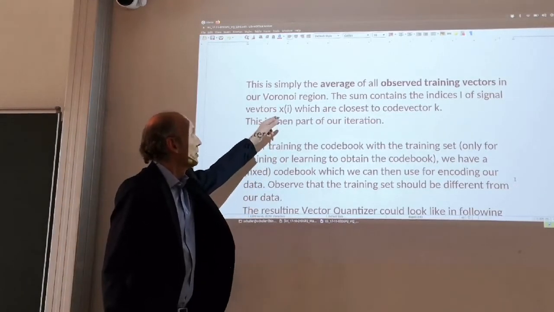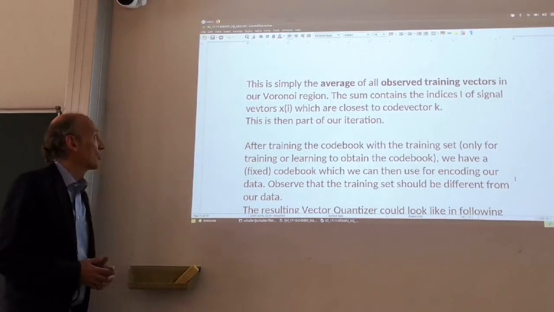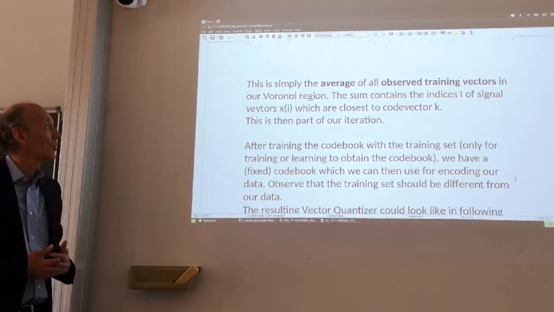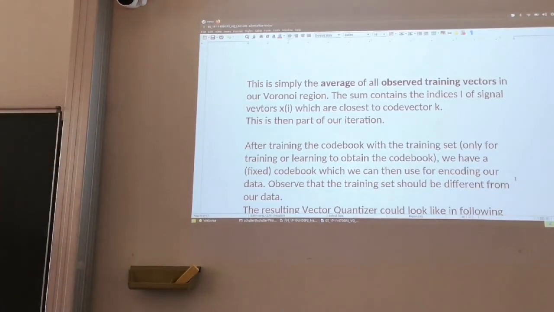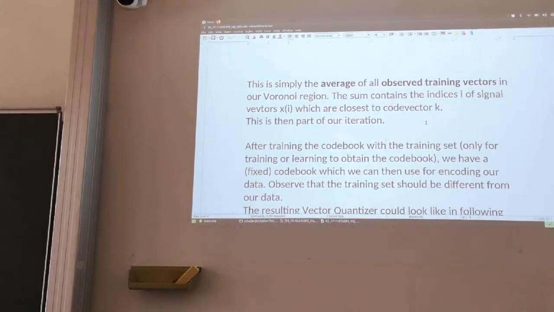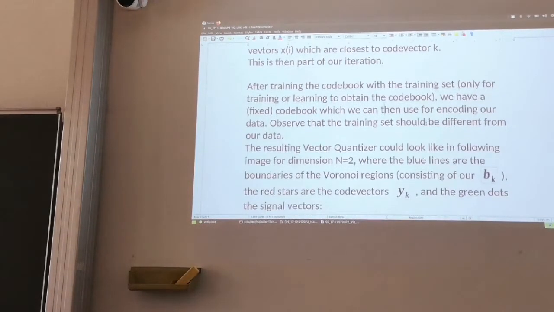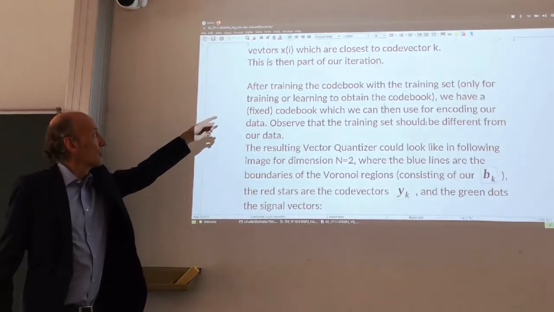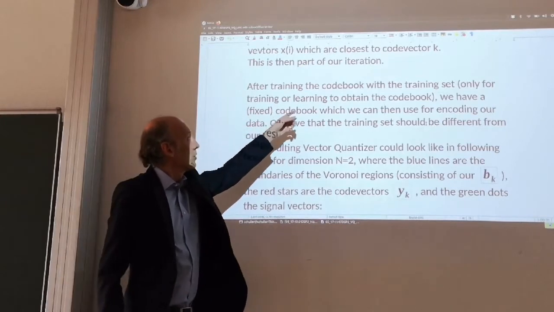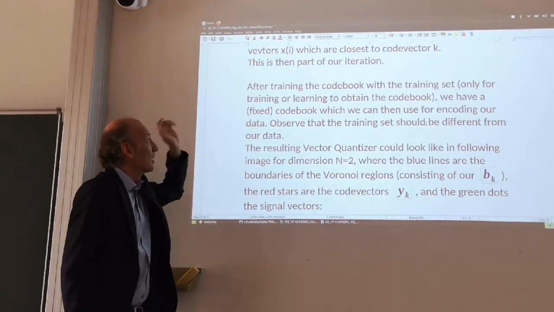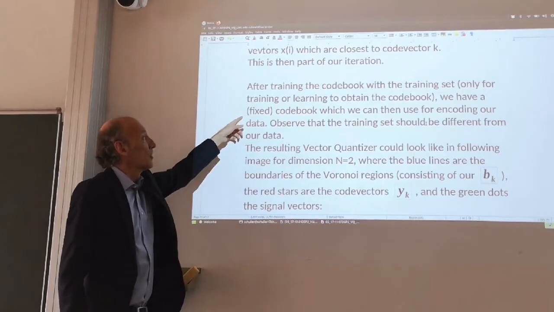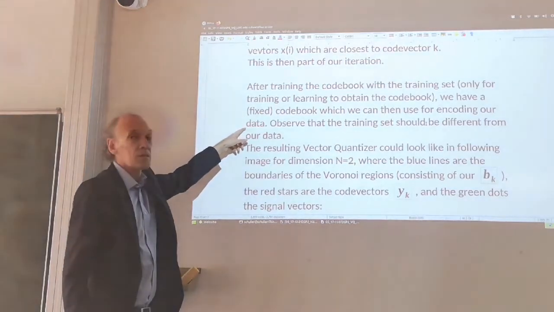So the sum contains the indices of signal vectors xi, which are closest to the code vector k. And then after training the codebook with the training set, only for training or learning to obtain the codebook, we have a fixed codebook, which we can then use for encoding our data.